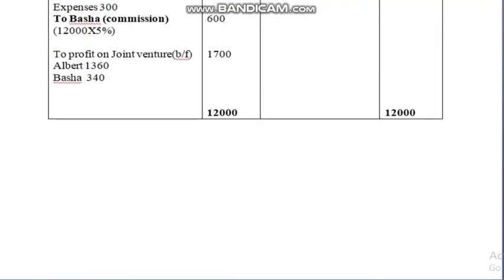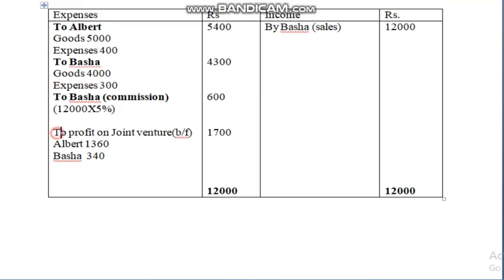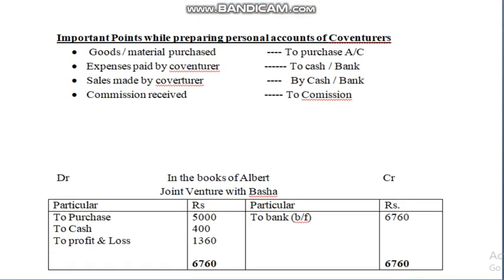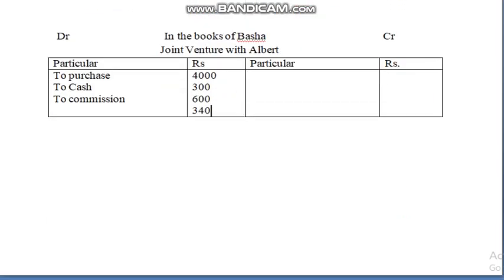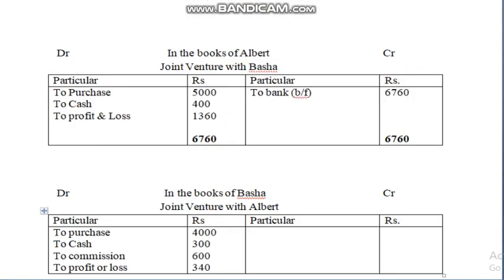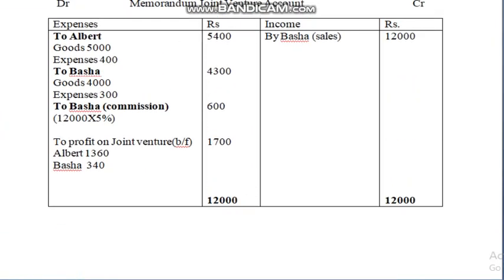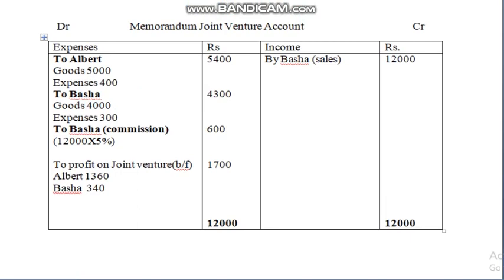Next, the profit. The profit of Basha is 340. This is profit and loss account. Now the next one: Basha sold goods for 12,000.